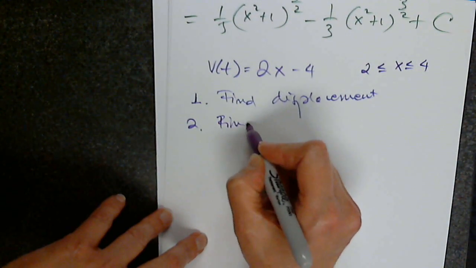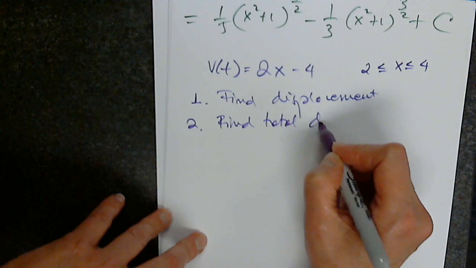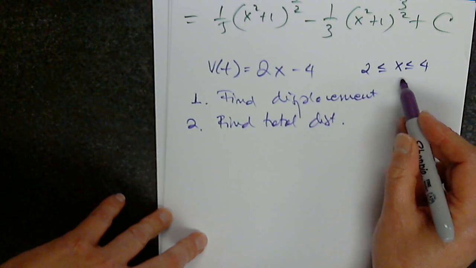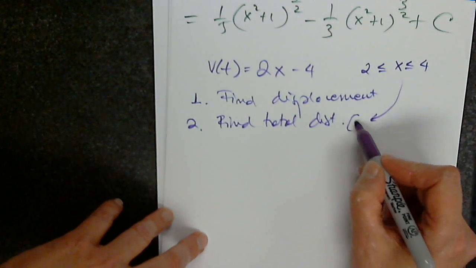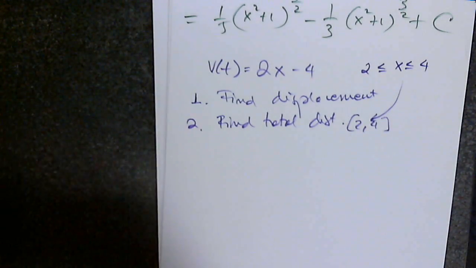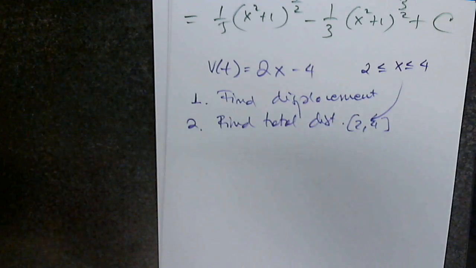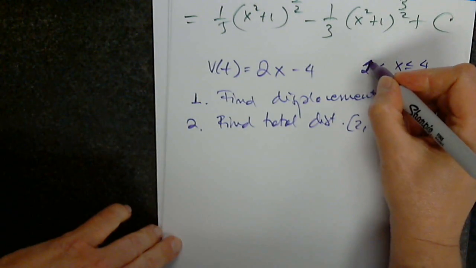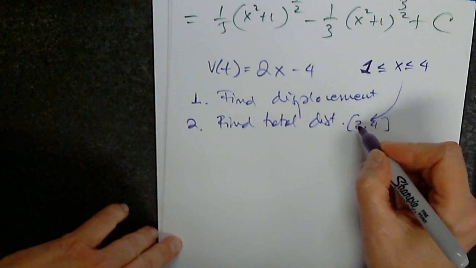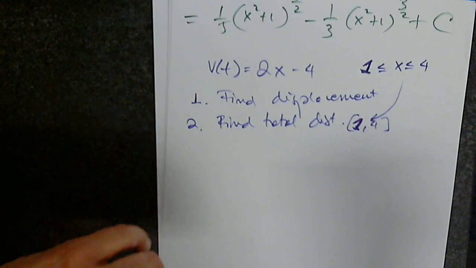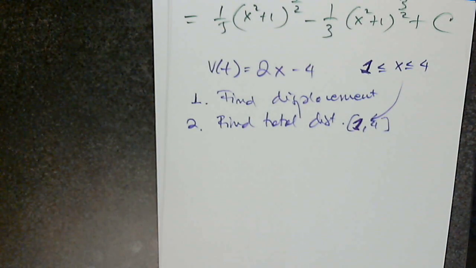So find total distance for the interval 2, 4. I have to change it, I'm sorry, for the interval 1, 4. Okay, 3 minutes. Let's work on this.